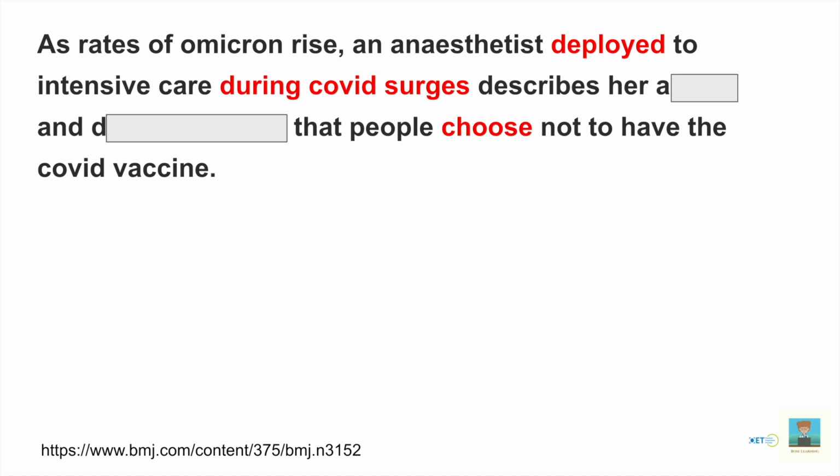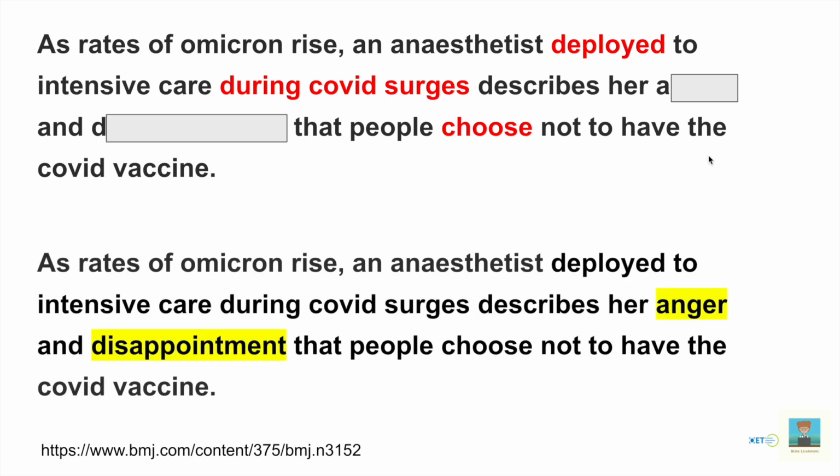So, going back to what we looked at initially, then, what do you think the two missing adjectives are here? She describes people who choose not to have the COVID vaccine with her anger and disappointment. And I hope you were able to see how that was picked out throughout the piece.